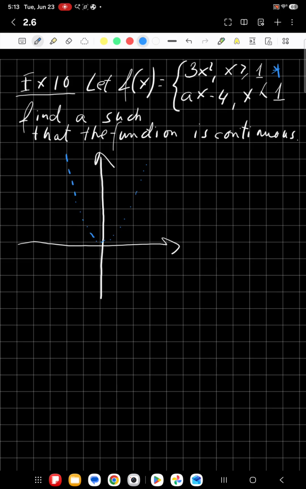So we keep the section of the parabola for x bigger than 1. So 1 is here, and so this branch. And we can erase the other part. We don't need this.